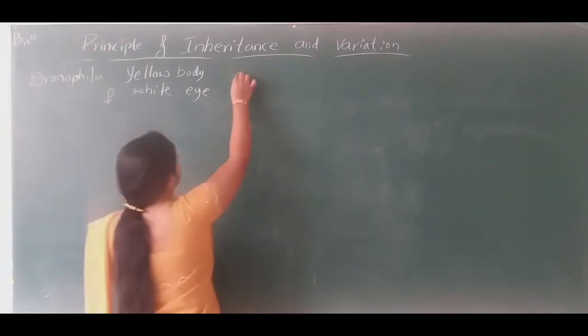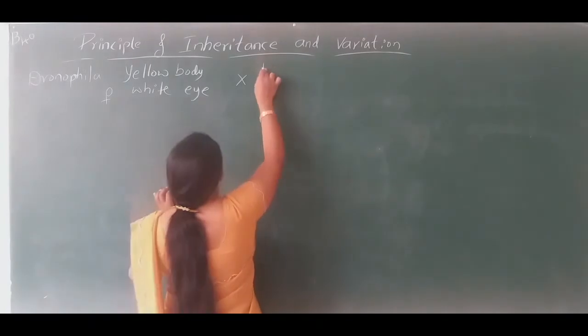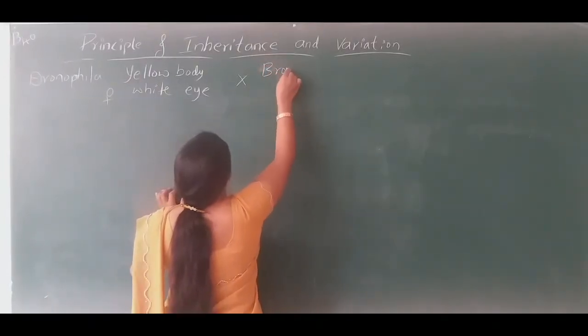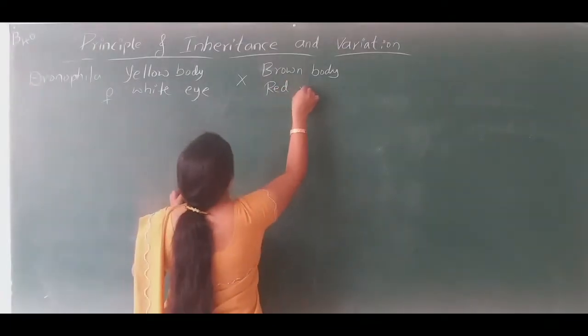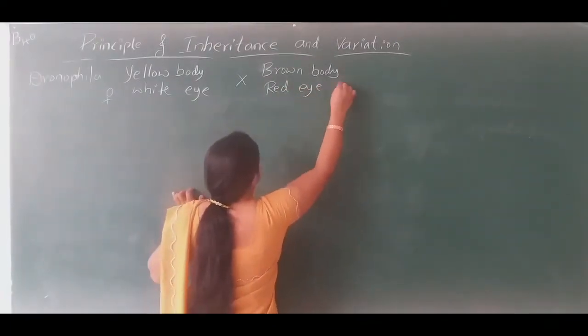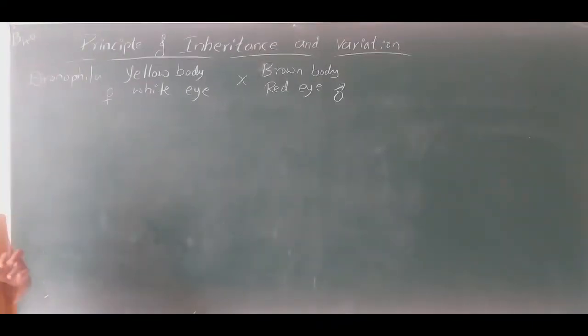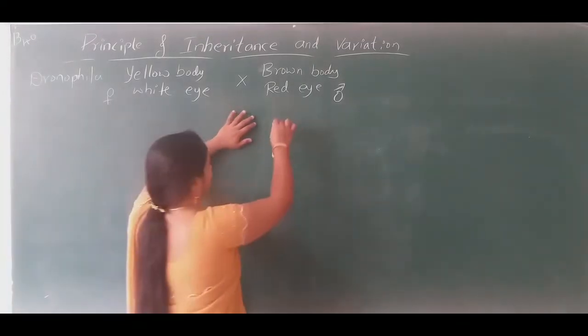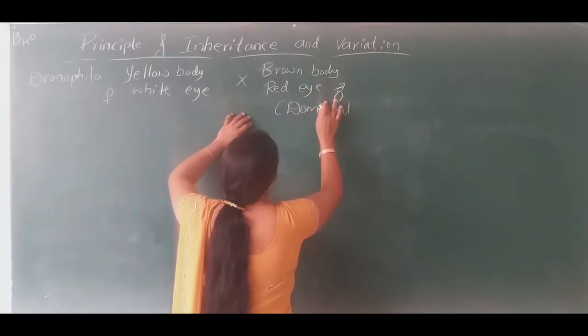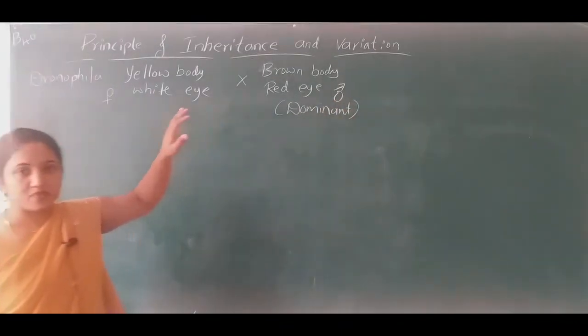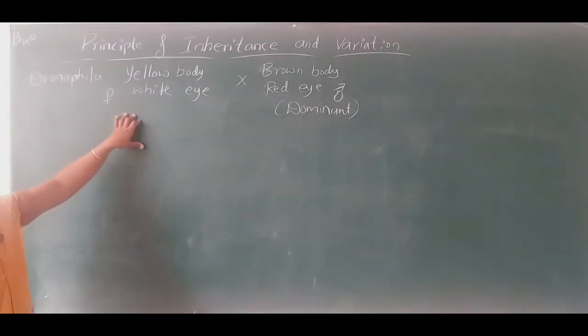We cross this female Drosophila with a brown body and red eye, which is a male one. So we have two characters: yellow body, white eye, brown body, red eye. Consider brown body and red eye as the dominant one, and this is the recessive one.